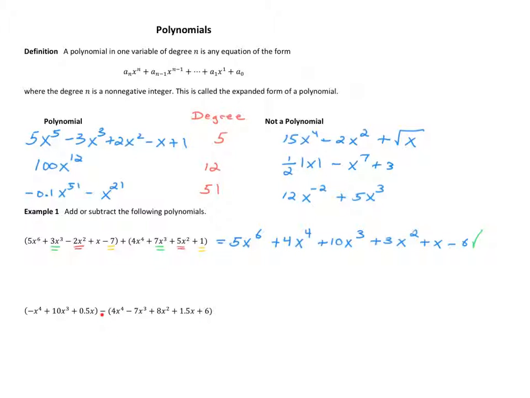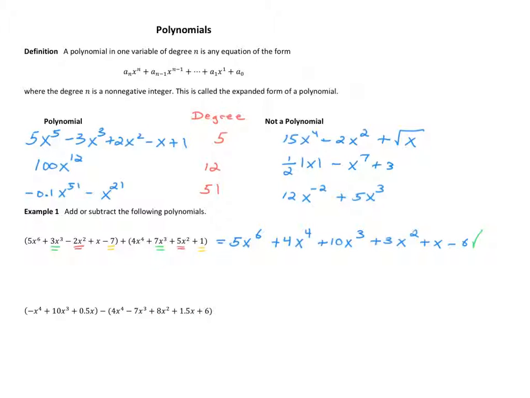What I'm going to do is distribute this negative into the parentheses. In fact, I don't even need the parentheses on this very first polynomial, so I'm just going to copy this entire problem down again, but I'm going to distribute this negative to every single term in the parentheses. What that will do for us is change the sign on every single number. So it'll be negative, positive, negative, negative, negative.